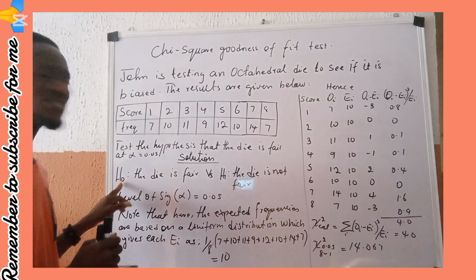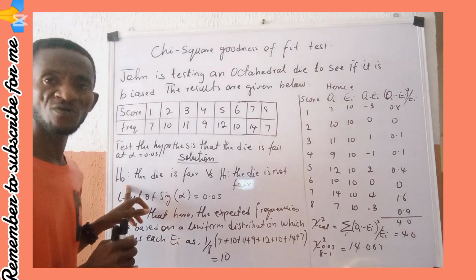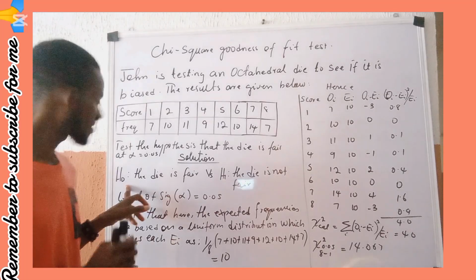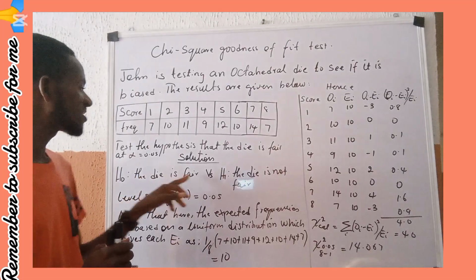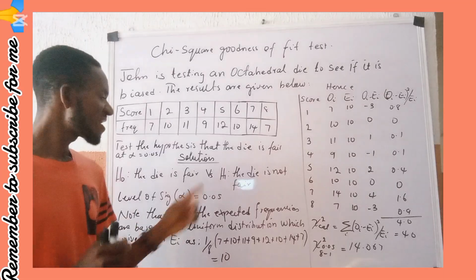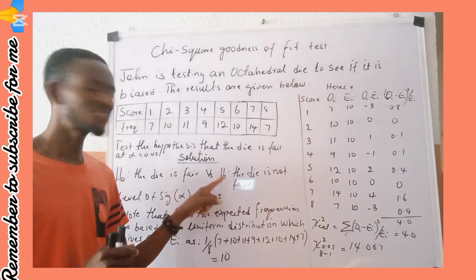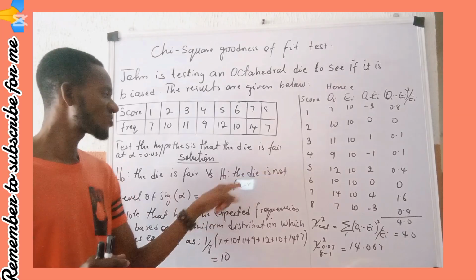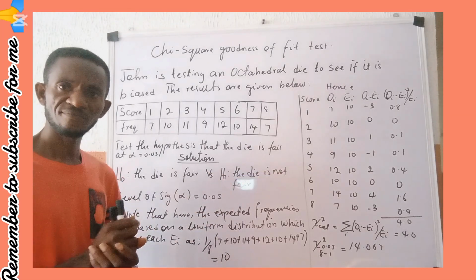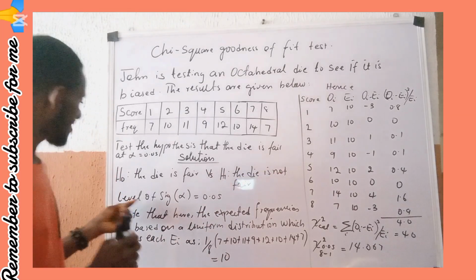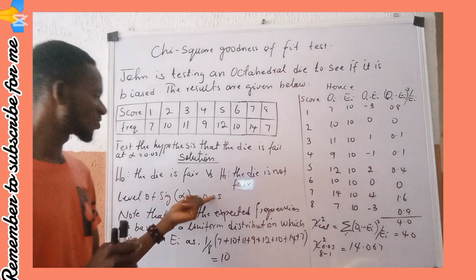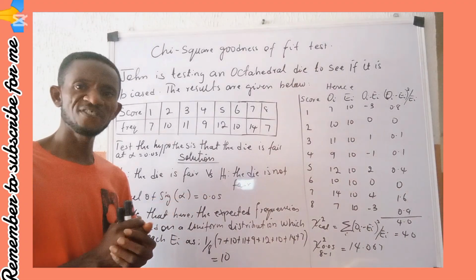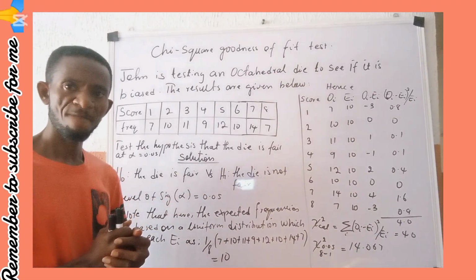H subscript 0, which we call the null hypothesis: the die is fair. Against the alternative H subscript 1 that says that the die is not fair. Then the level of significance we are going to use here is 0.05.